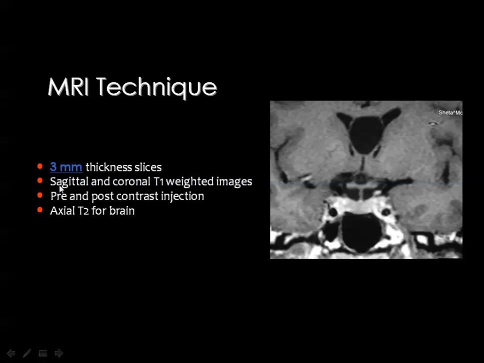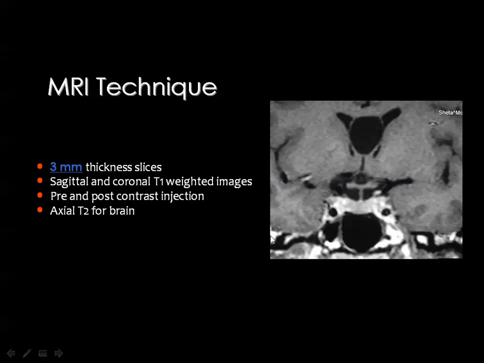We usually have the sagittal and the coronal T1 weighted images before and after intravenous contrast injection, and also we have an axial T2 or FLAIR images for the brain.